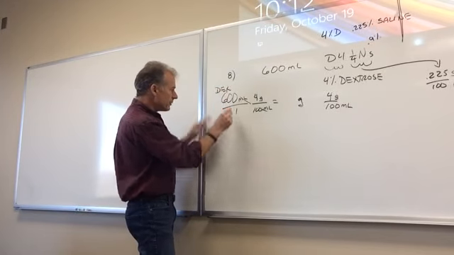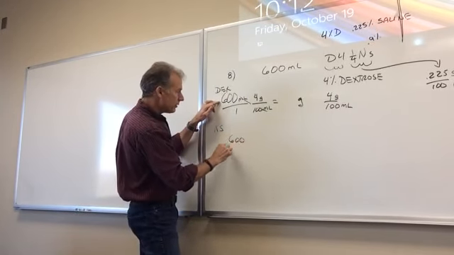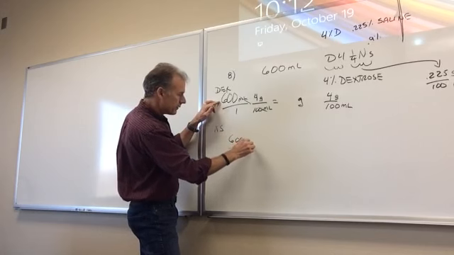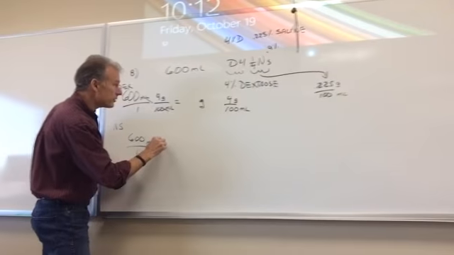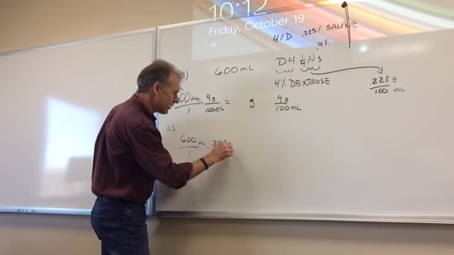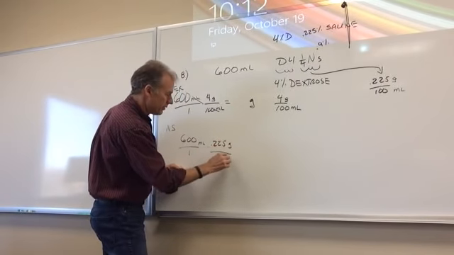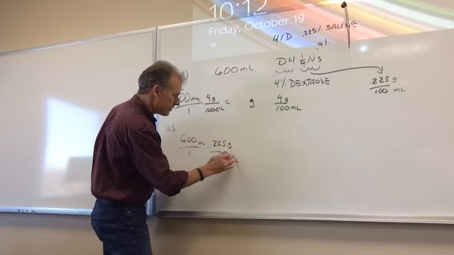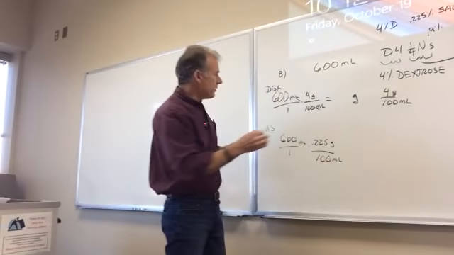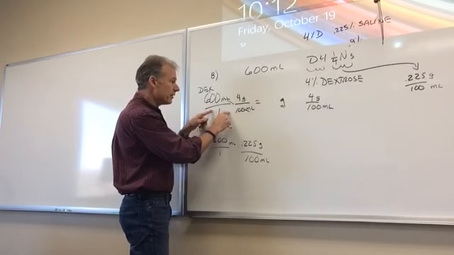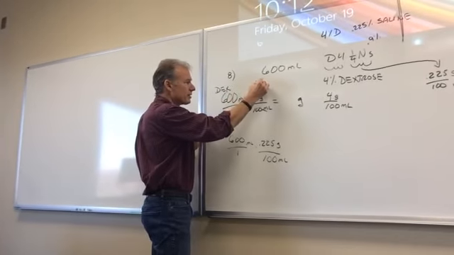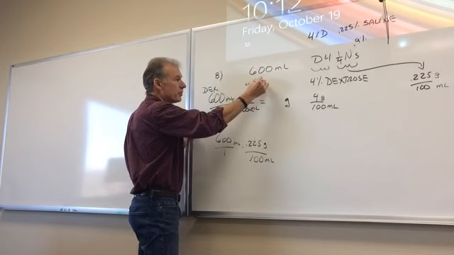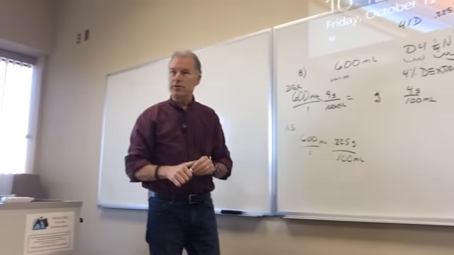And then normal saline would be the same thing. Take your 600 over 1 times 0.225 grams over 100 milliliters. Some of you may recognize that there's a shortcut: you're actually going 600 times 0.04, which is kind of how you would treat a percentage, right?